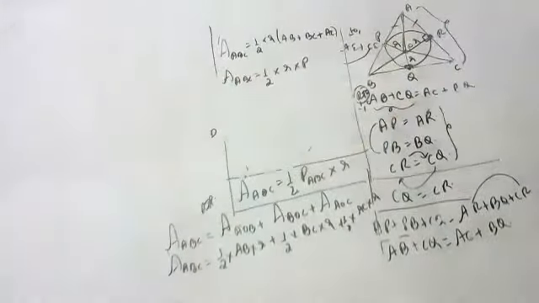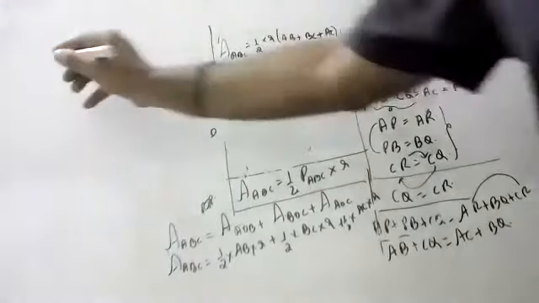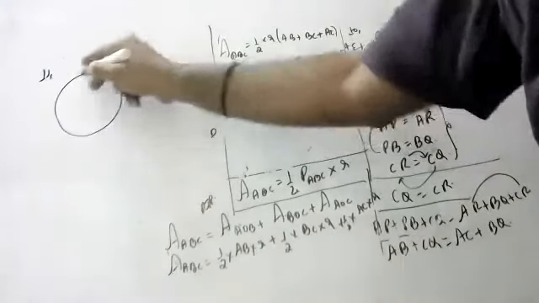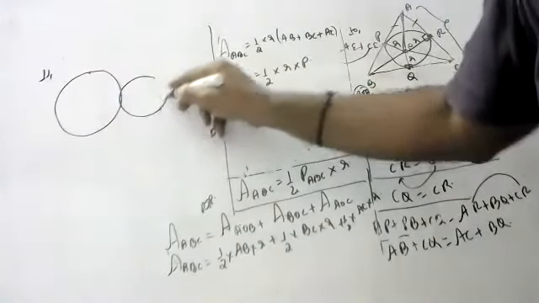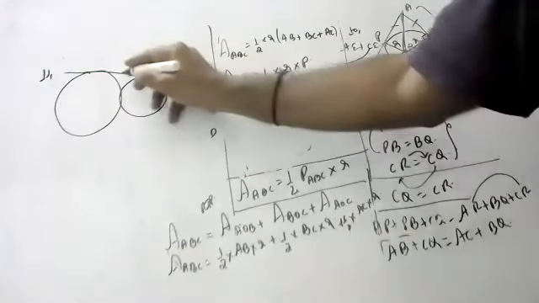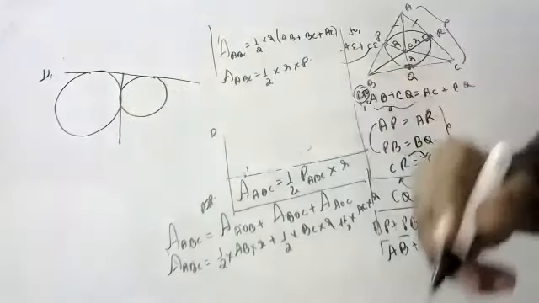Next question. I'm doing another question, children. I don't want to take much of your time, 15 questions will be there. One big circle and one small circle are there. A common tangent is passing like this, and in the middle also a common tangent is passing like this.